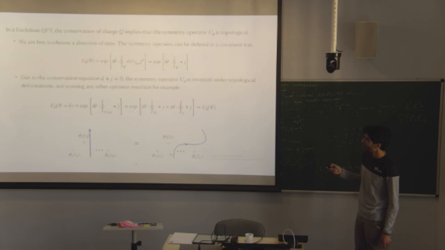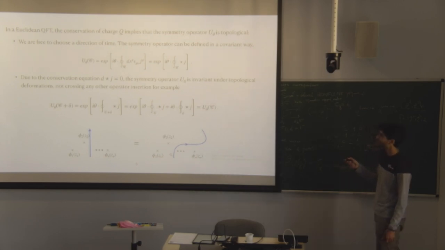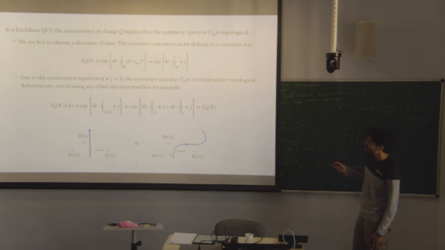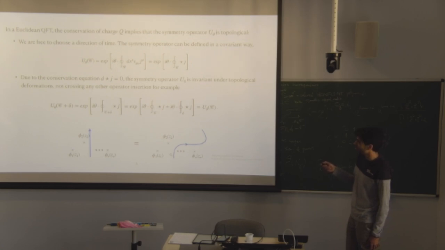But once you have a Euclidean QFT, you have the freedom to choose what to call time and what to call space. If you define these symmetry operators U(θ), they are topological operators. To see this, you have a conserved current J^μ, and the conservation equation takes the form d star J equals zero, and this defines the symmetry operator.